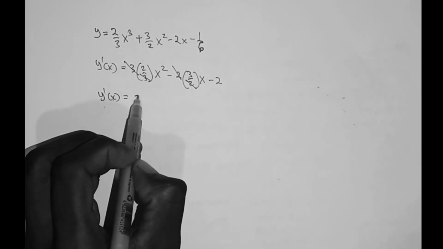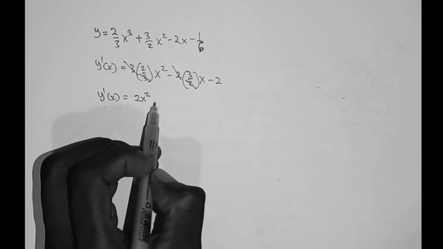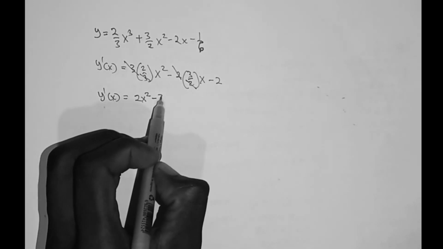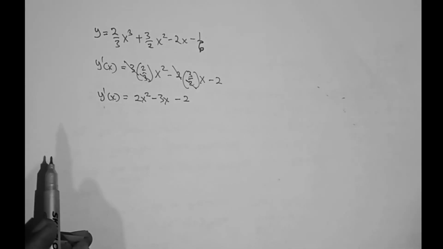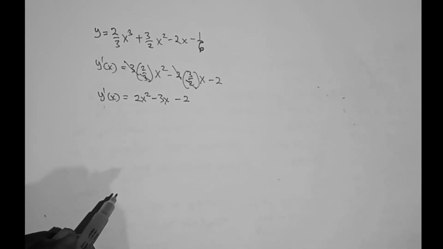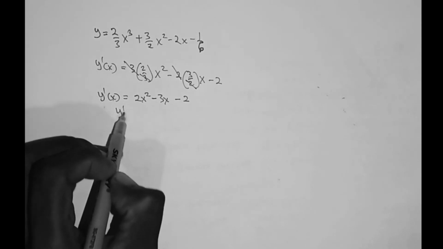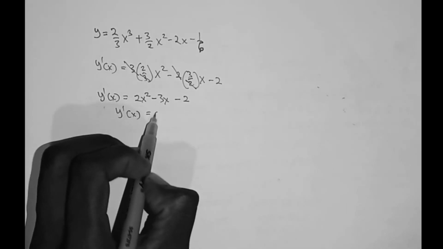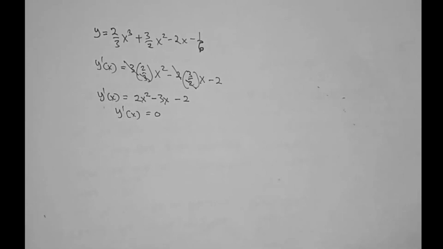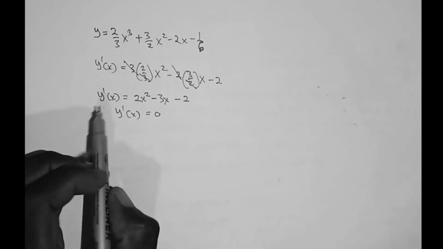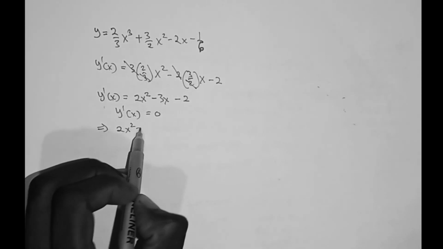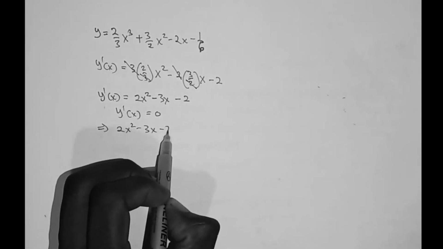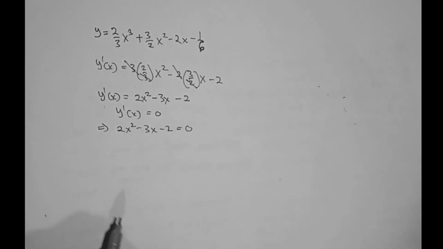So it becomes 2x squared, then minus 3x minus 2. However, to find the maximum point, we need to first set y prime of x equals 0 to find the x component of the point.